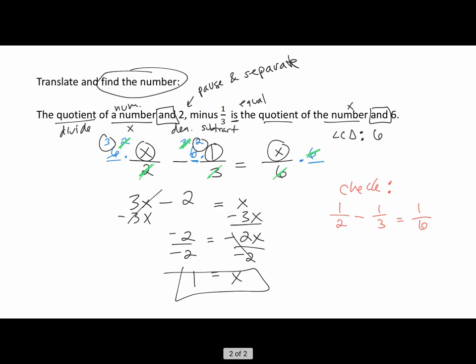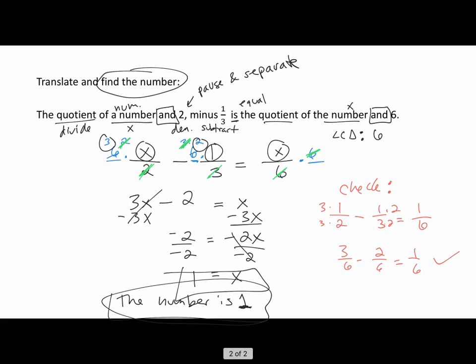Well, if I put these terms into sixths, then I need to get the common denominators. So 3/6 minus 2/6 equals 1/6. That makes sense. So now I can state my conclusion. The number is 1. And that answers the question.